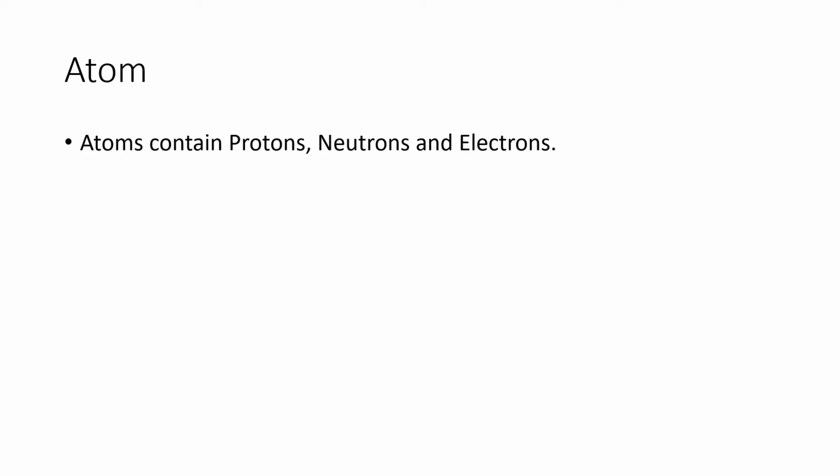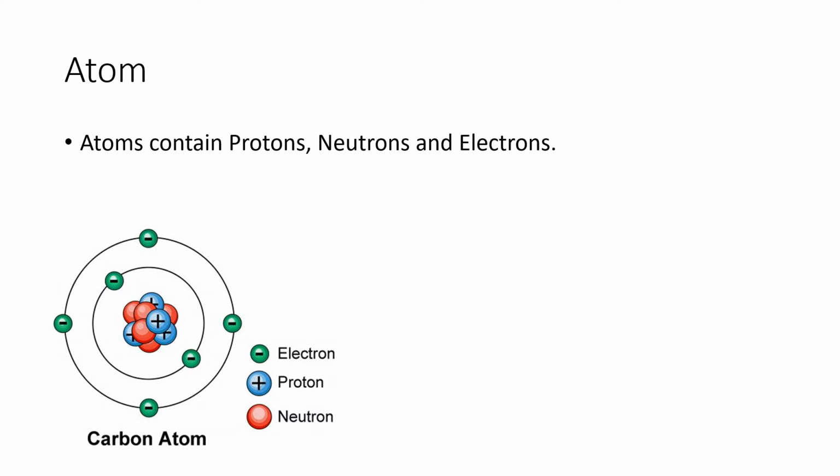If we start off with an atom, it contains protons, neutrons, and electrons. As we can see from the diagram below, the nucleus is in the middle of an atom, and a nucleus is composed of protons and neutrons.